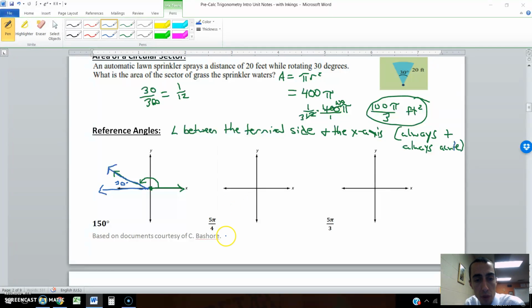Next up, 5 pi over 4. For this angle, we are in radians. It can be helpful conceptually for students sometimes if they mentally convert it into degrees. Mentally or with paper and pencil, whatever. So this in degrees is 225 degrees. Which would put us, initial side, terminal side would be past 180, right in here.